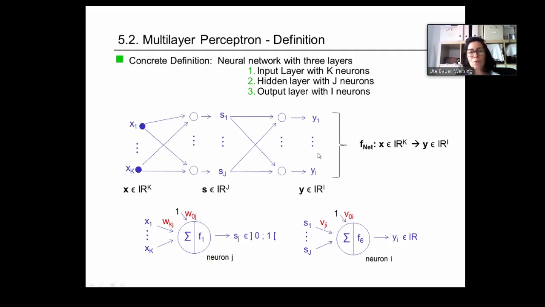The output of the network is the output of the I output neurons, so we can interpret it as a vector in I-dimensional space.